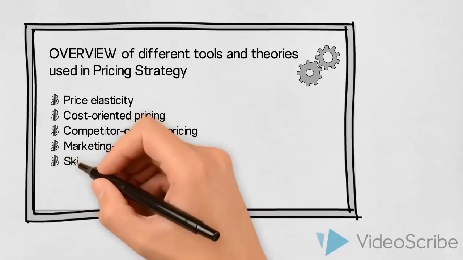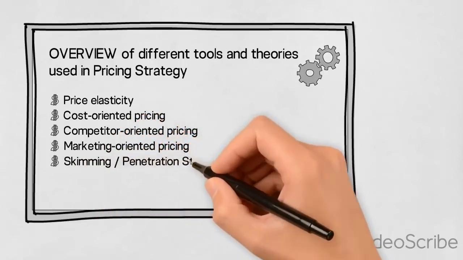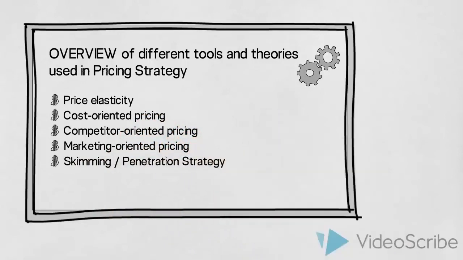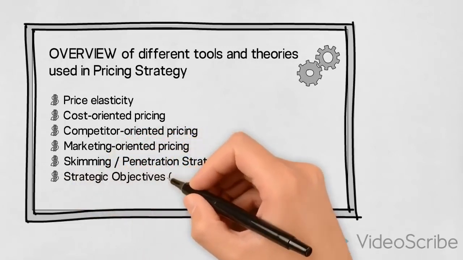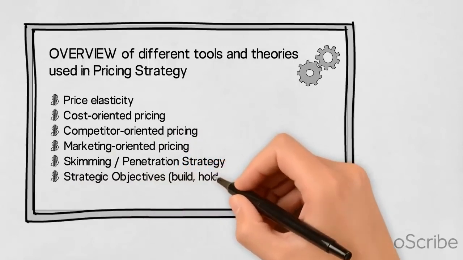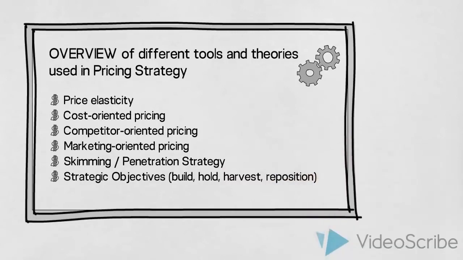Skimming or penetration strategies is a look at the strategy behind the combination of two things, namely a high or low price level and the promotional activity level. We can also consider our strategic objectives, whether we want to build, hold, harvest, or perhaps reposition a product has an impact on the price level we will choose.